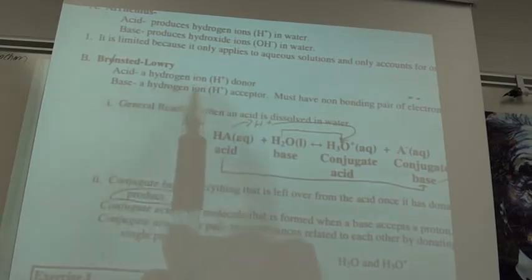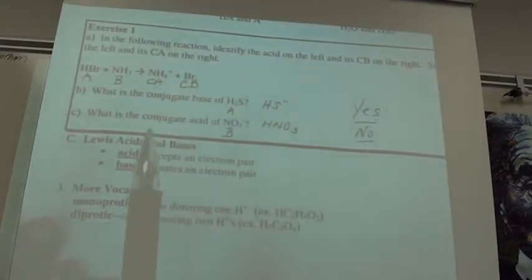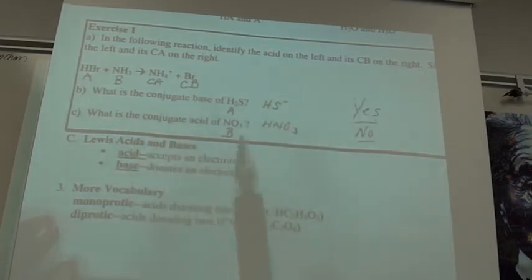The base accepts a hydrogen ion. Look, the Lewis acids and bases are exactly the opposite. An acid accepts an electron pair. A base donates an electron pair. It's totally easy. Okay. And really, all you have to know are the definitions, and you have to be able to identify one at 100 yards.